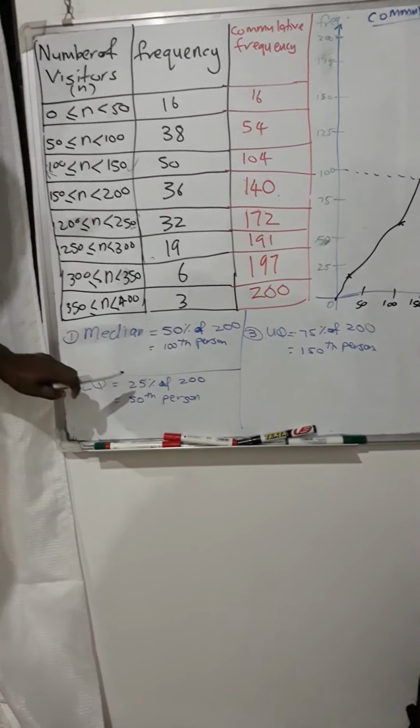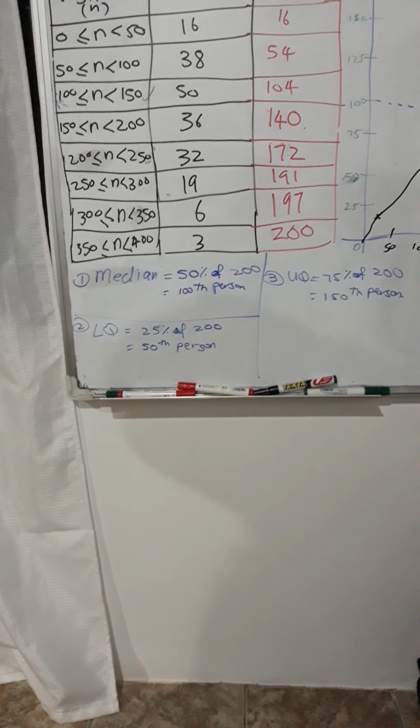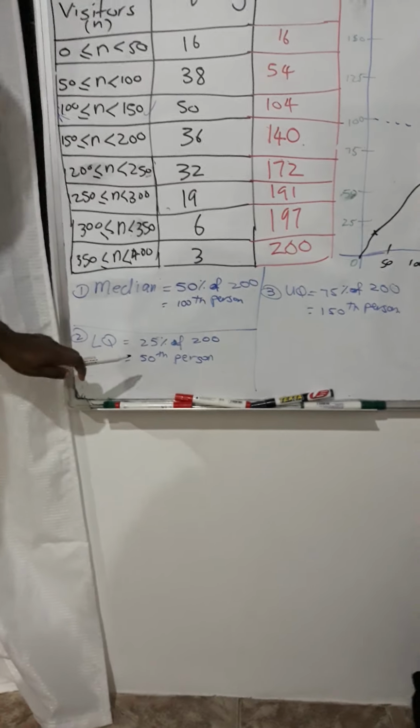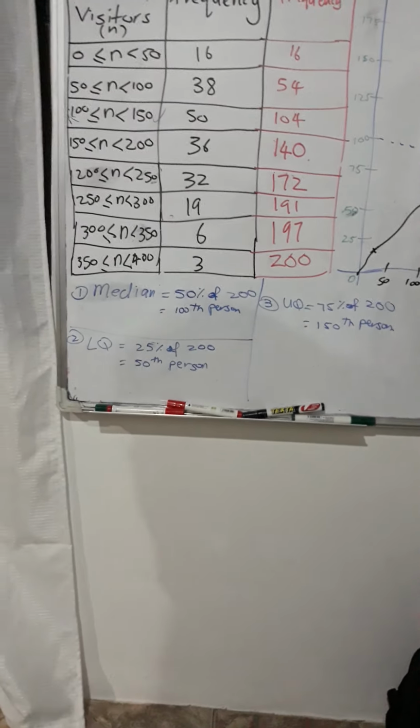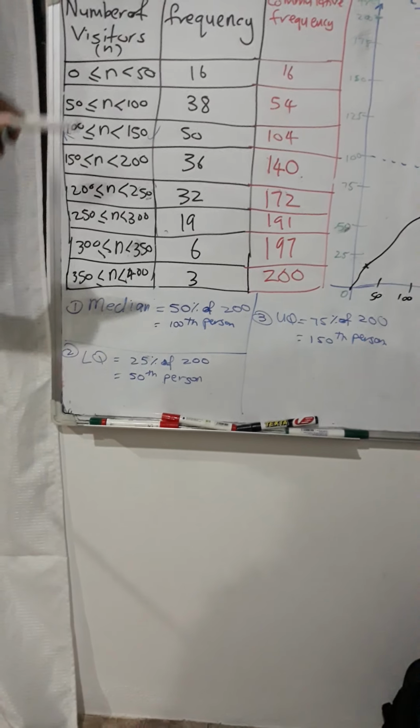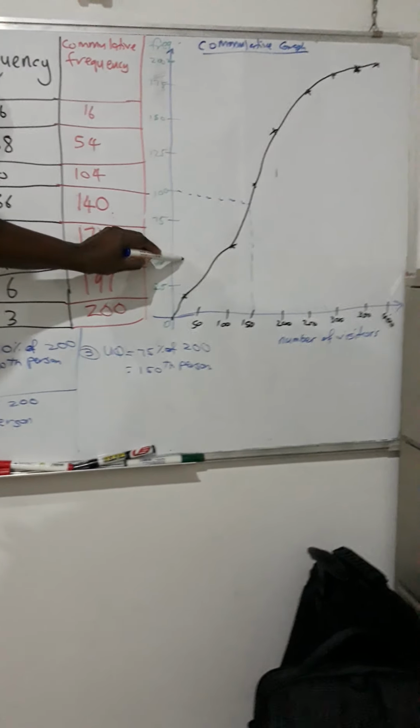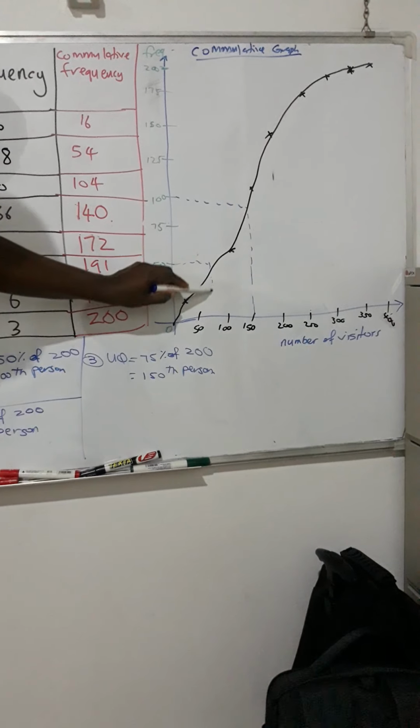Okay, next to find the 25th percentile, that means we have to find 25% of 200 people, which is 50. So the 50th value is giving us the lower quartile. Again, we'll go to the graph, go to 50 and come down.